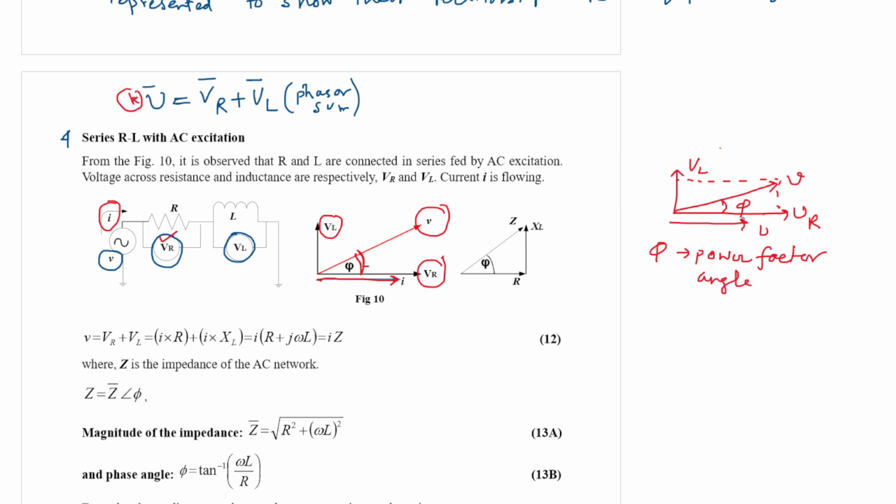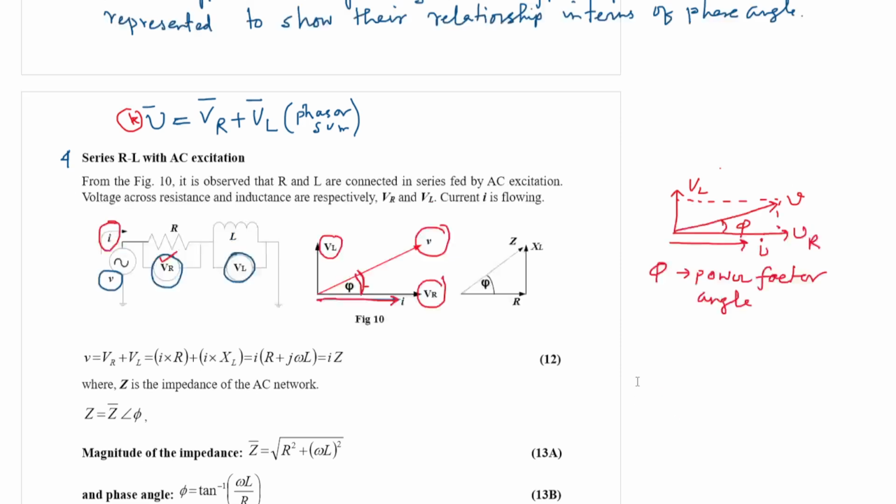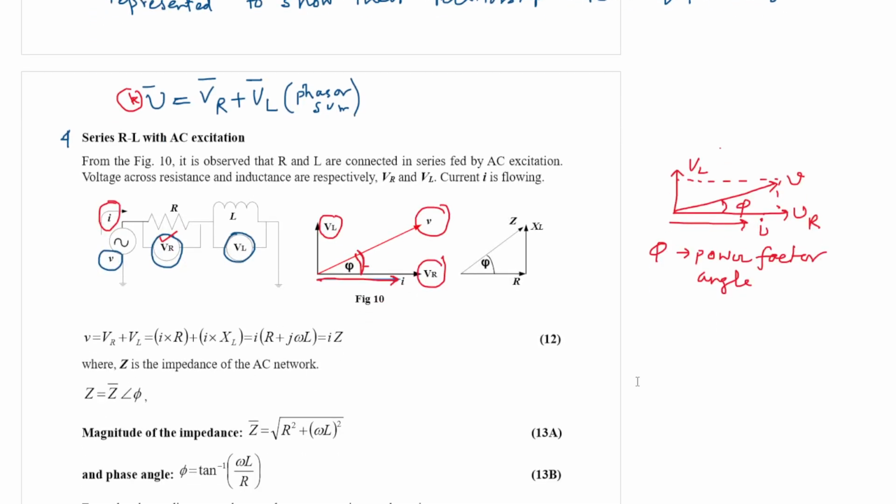Angle between supply voltage and current is called power factor angle. Now if we draw the mathematical equations, we start from this. What is VR? VR is equal to current into resistance, I into R. Plus, what is VL?